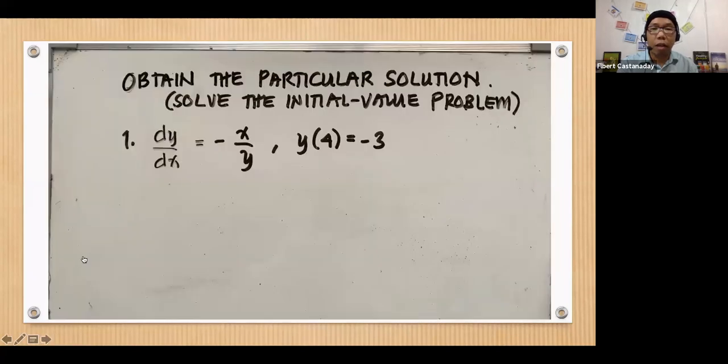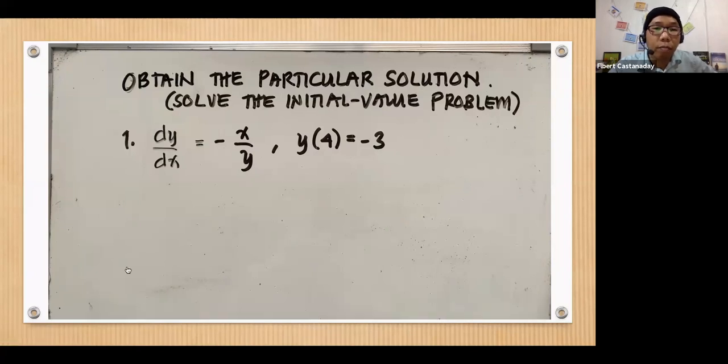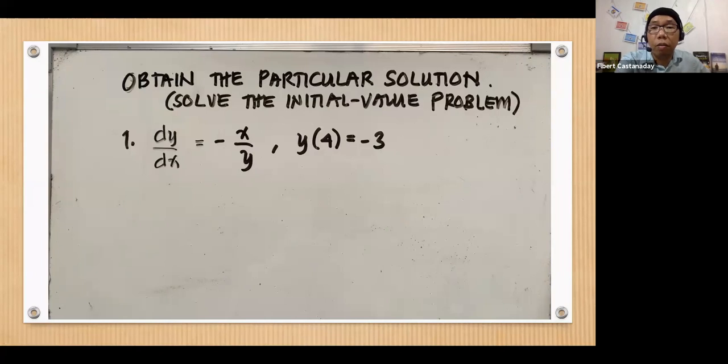Okay, now, how about if you're asked to solve for the initial value problem or obtain the particular solution? So let's have this simple problem, a first order DE. In the previous examples, we were asked to solve for the general solution. Now in this case, you're asked to solve for the particular solution.